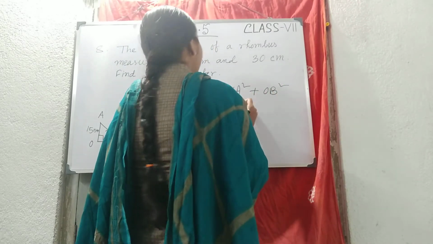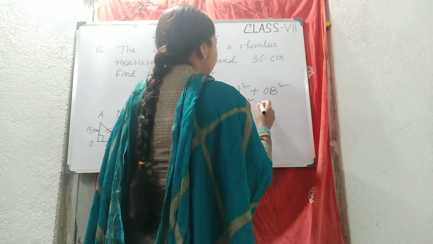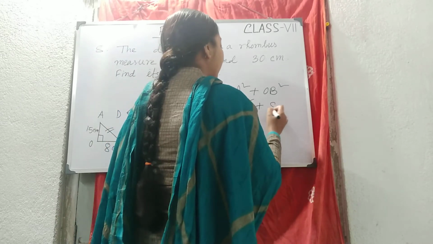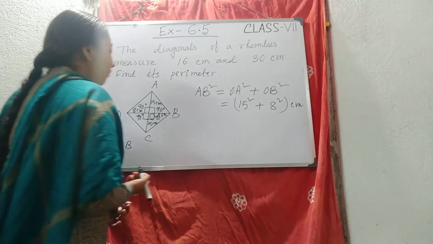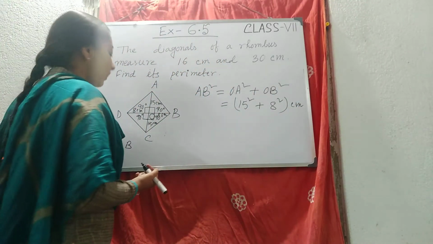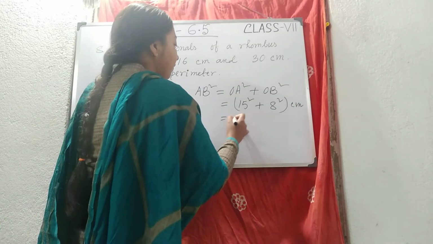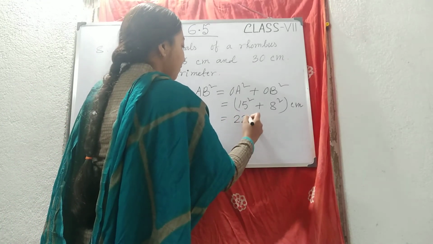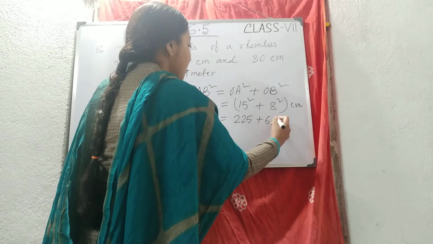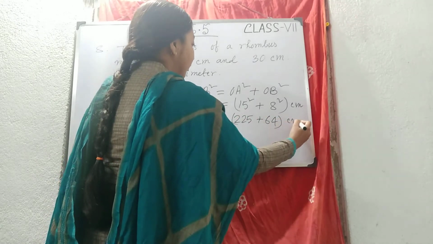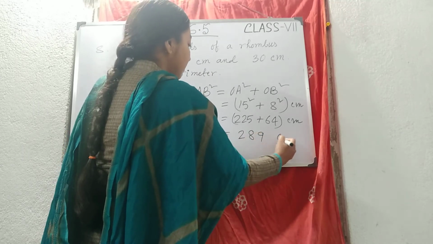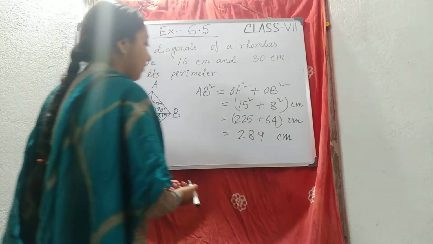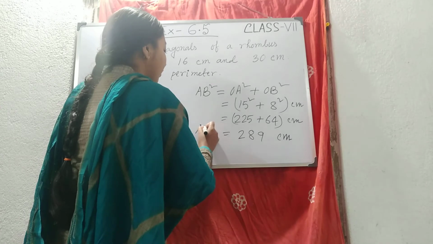AO is given 15 centimeter and OB is given 8 centimeter. So we are getting 15 square plus 8 square. 15 square means 225, 8 square means 64, and after adding we will get 289. AB square we have got.